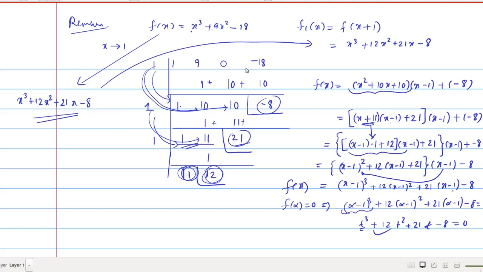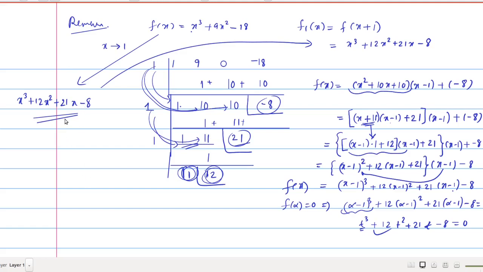whichever is simpler. Okay, sometimes this division is simpler than substituting this x plus 1 in f of x. Okay, in some cases vice versa. So you can use this method also. In the textbook, this method is explained to obtain a new equation whose root is diminished by 1 or 2 or 3.